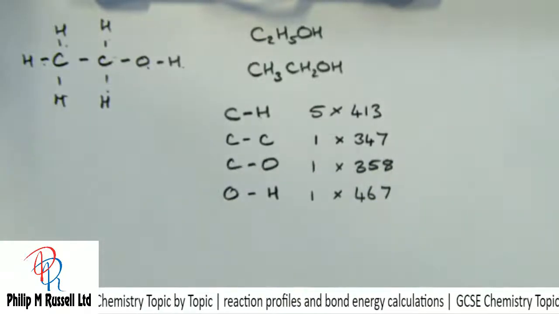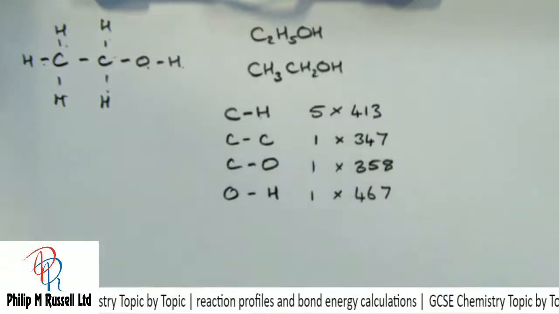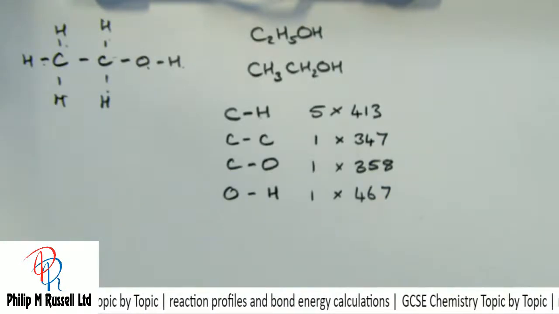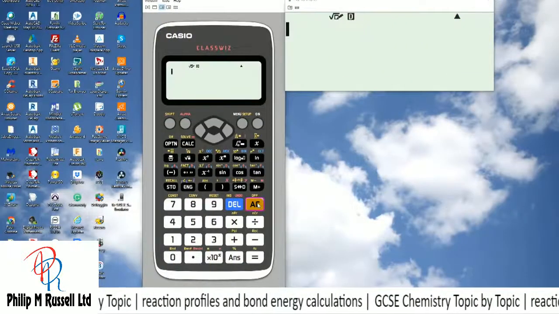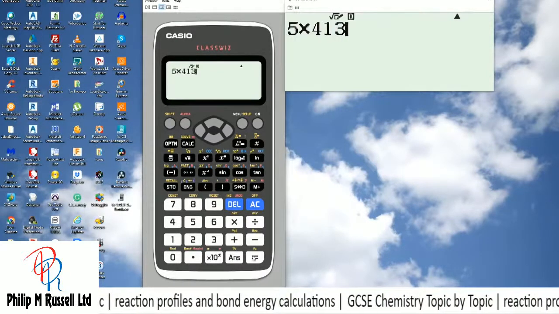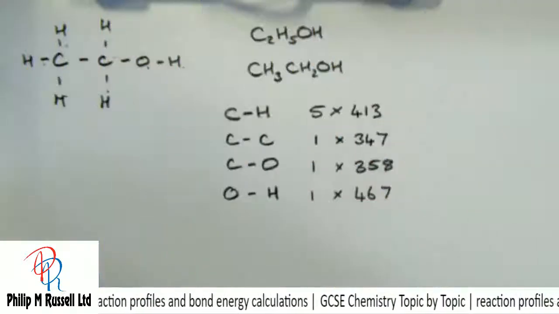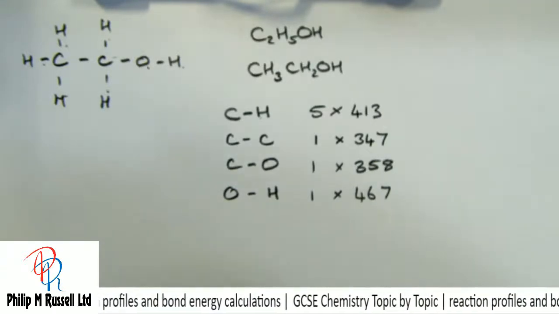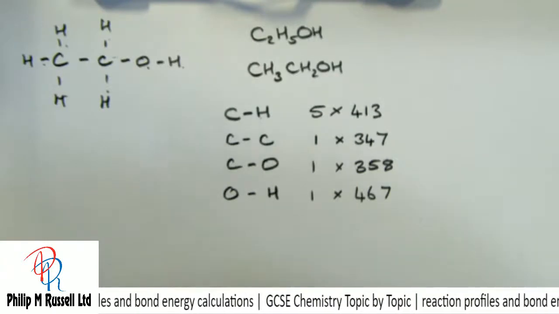Now it's a process of simply trying to work out what these are, and doing this is really quite simple. All I've got to do is work out my 5 times 413, and to that I'm going to add my 347, I'm going to add my 358, and I'm going to add my 467.